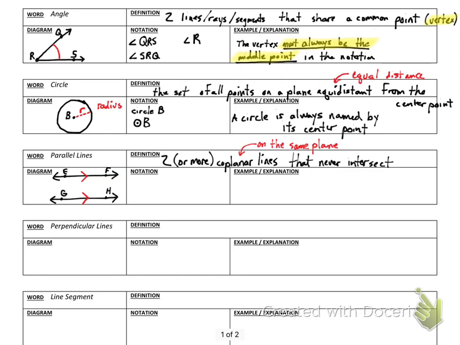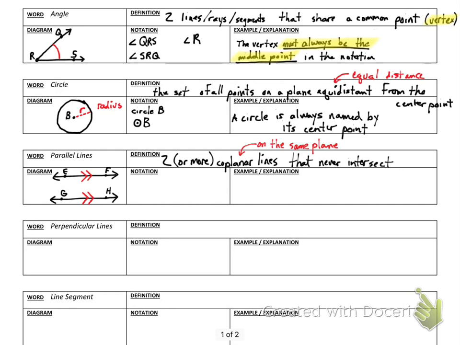Some running this direction, some running this direction, some running straight across. So in a diagram like that, you might even see these two being labeled with two arrows to distinguish them from the others. So just look out for that notation, and if you see it, then you know the lines are parallel. If you don't, they might still be, but you have to get some other information on that.